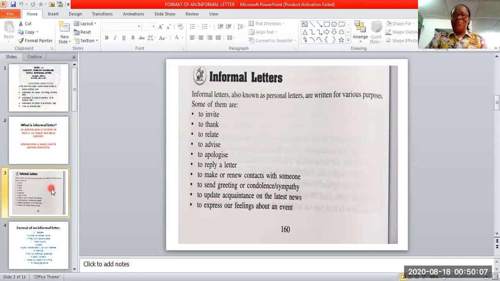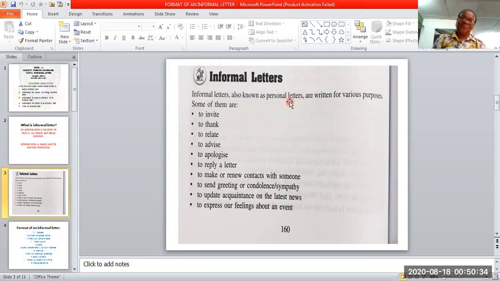Are we clear? Beautiful. So we say that informal letters are also known as personal letters, like we said, and are written for various purposes. Now, what are the reasons? Why do we write informal letters? Why do we write those letters to our loved ones and to our friends?